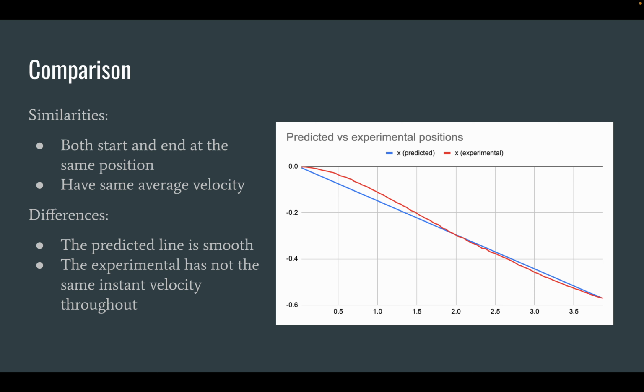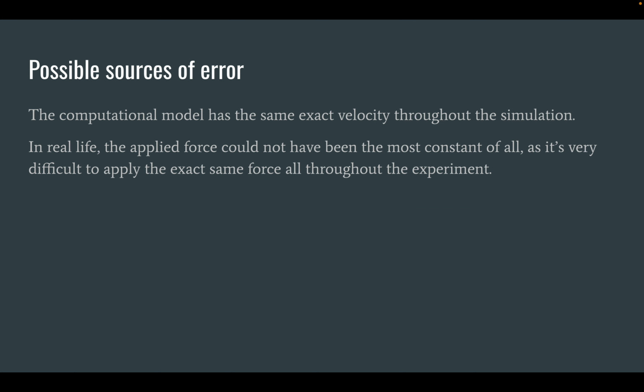So now let's compare the graphs of the predicted versus the experimental data. Both start and end at the same position, and both have the same average velocity, because they travel the same distance in the same time. The difference is that the predicted line is smooth while the experimental line is not, and the experimental line does not have the same instantaneous velocity throughout.